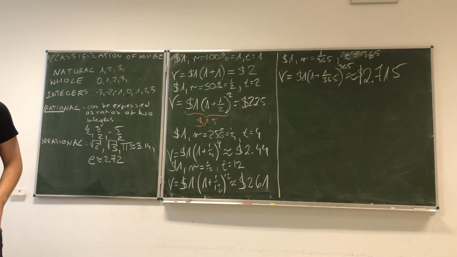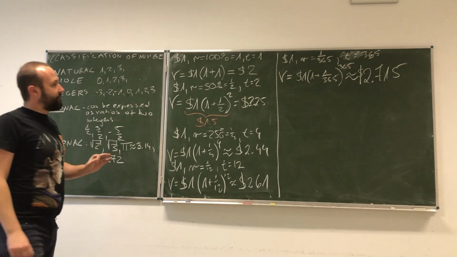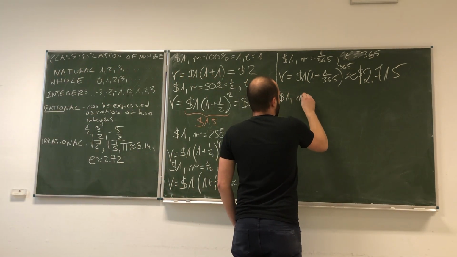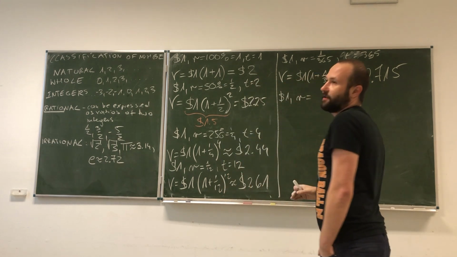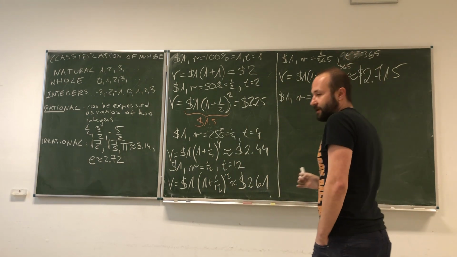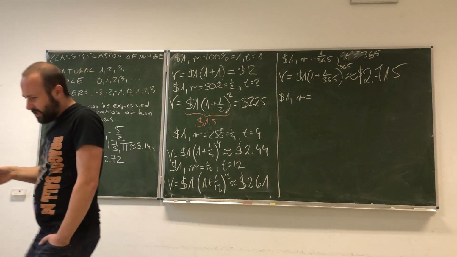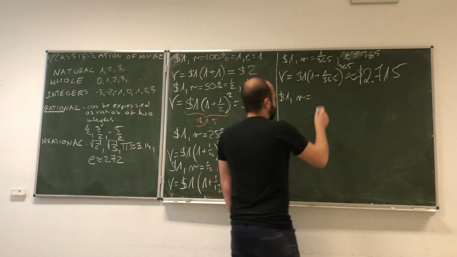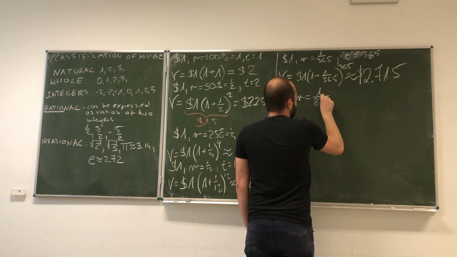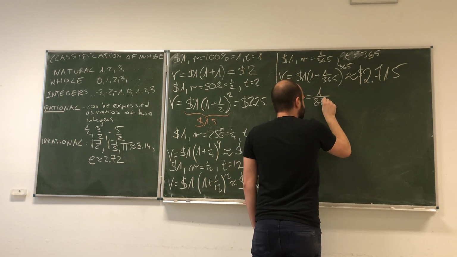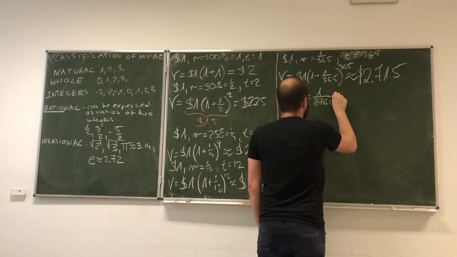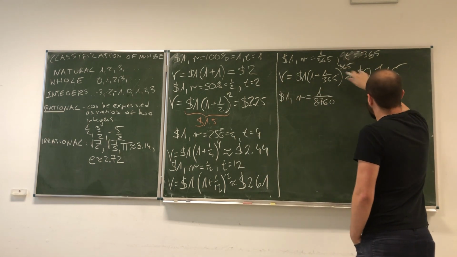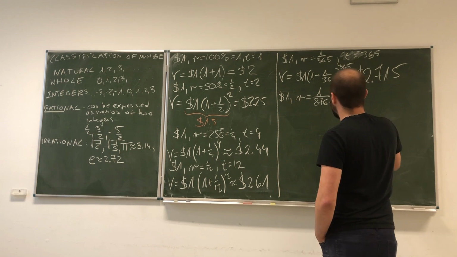Okay, and now let's go further. Let's just now say we have $1, and interest rate is calculated on the hourly basis. So we've got 1 over 8,760. This is the amount of hours in a year, assuming, of course, you have 365 days.